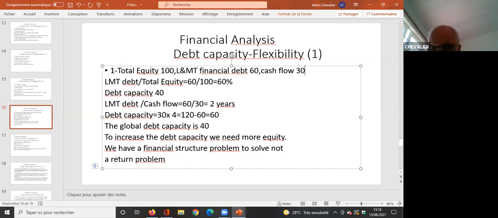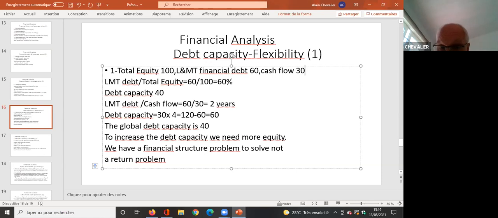And the new capacity, according to this structure approach, will be equal to the difference between both data, 60 and 120, to be 60.